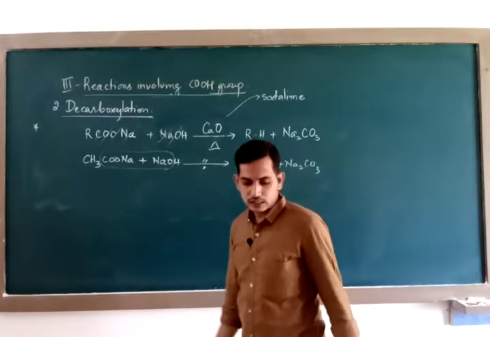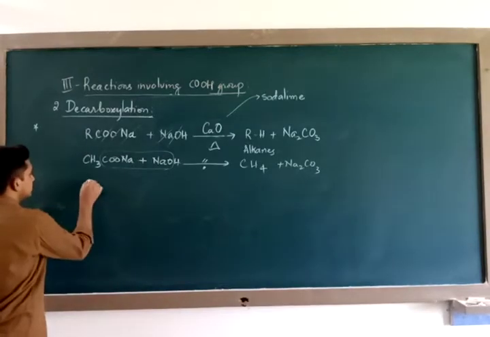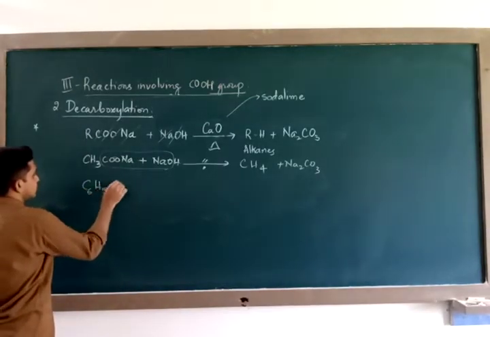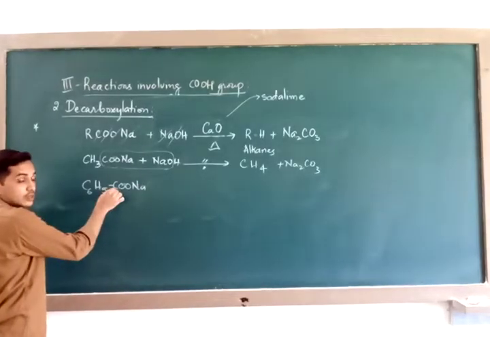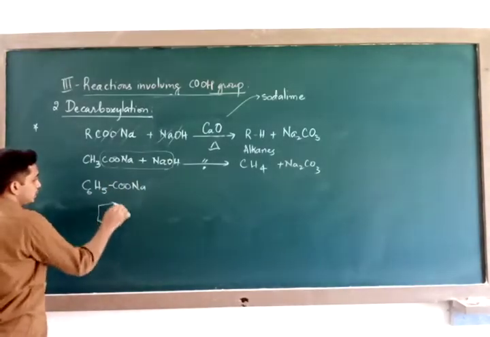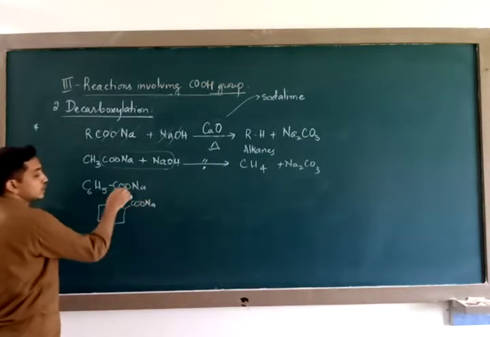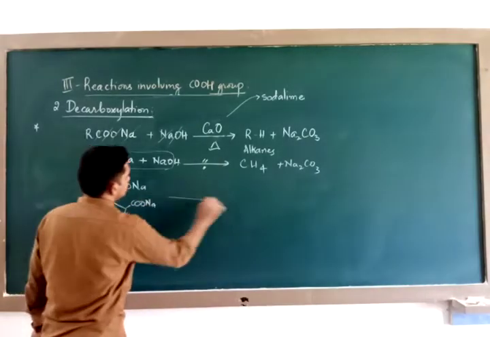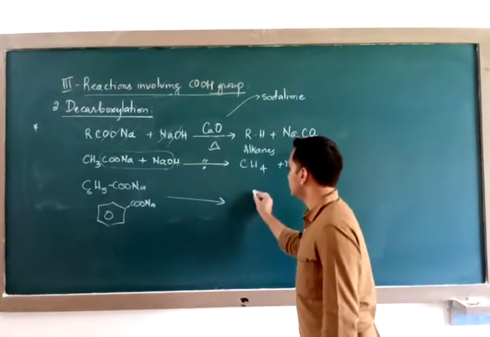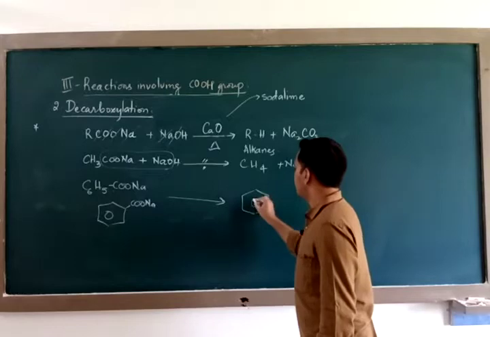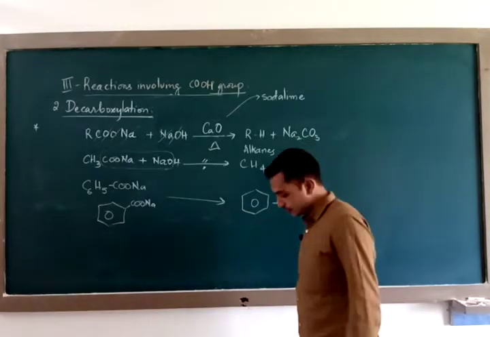You will get CH4. If the same you try with C6H5COONa, if this is not understood, it is nothing but sodium benzoate. Both are same. If these are reacted with soda lime, then you will get benzene as the product with sodium carbonate.